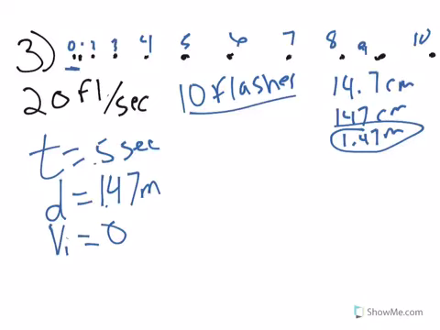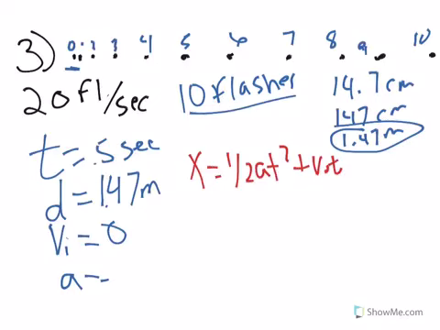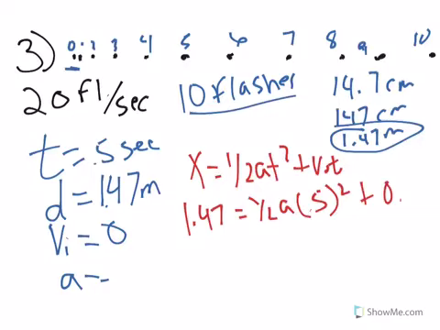So if we're looking for acceleration, we're going to use the x equals 1/2 at squared plus v naught t formula. And we're going to go 1.47 equals 1/2 a times 0.5 squared plus 0 times 0.5.